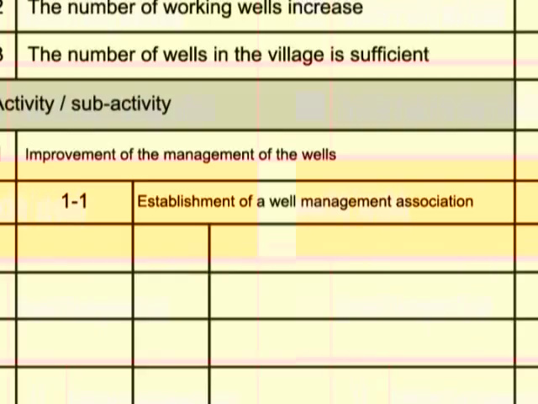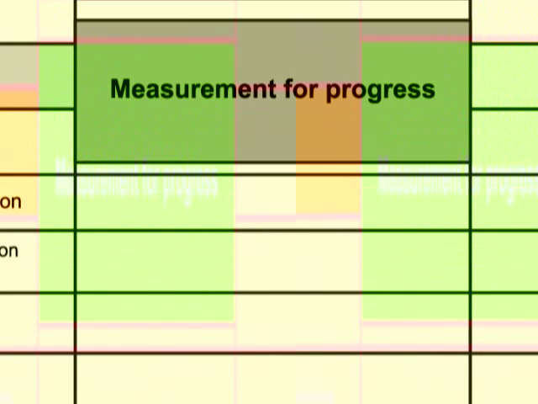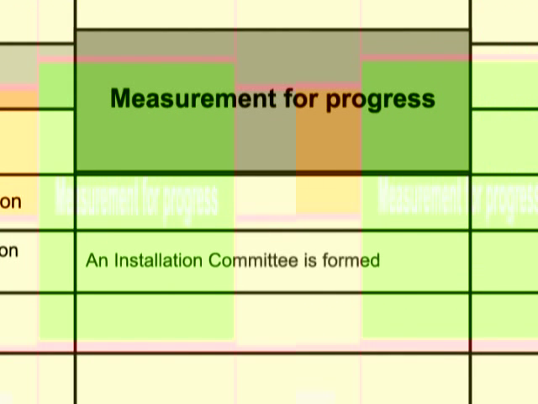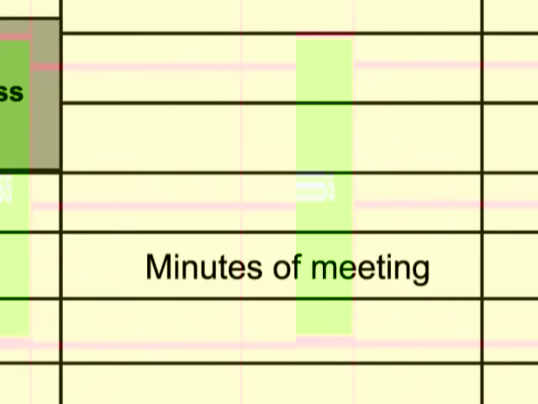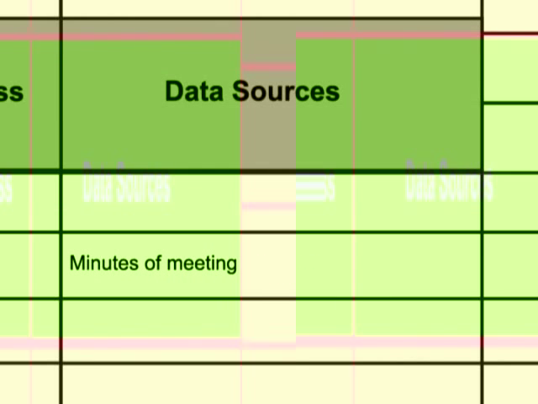Let us take the activity 1-1-1, formation of a management association preparatory committee. The measurement of progress is an installation committee is formed. Next, there can be meeting minutes as an idea for the main item for the data sources.